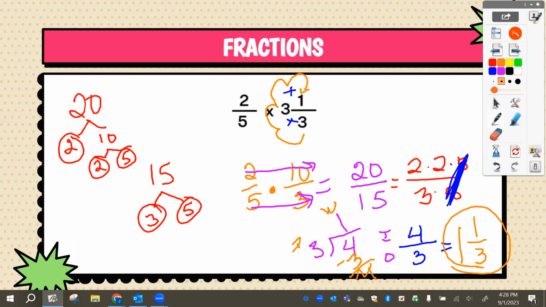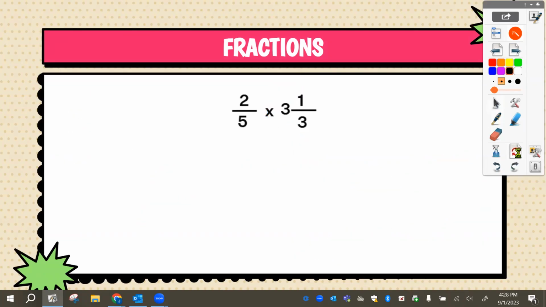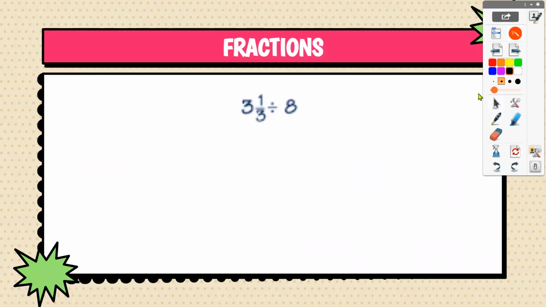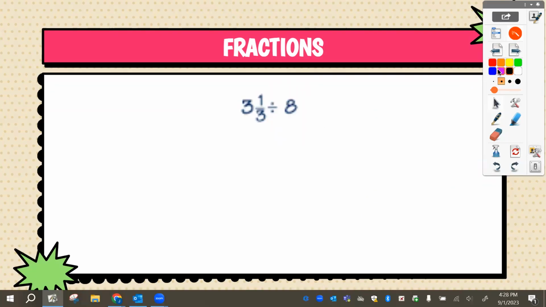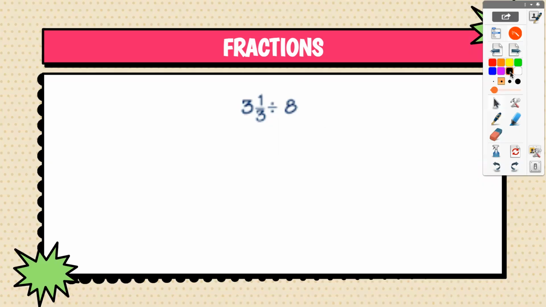Again, if you are good with your math facts, a lot of these steps are going to go a lot faster. So if you still struggle with your multiplication facts, make sure that you are practicing. Last one, and then you're going to try one on your own. All right, same as before with multiplication, I cannot leave it in a mixed fraction form. I have to convert it. So we're going to do Texas.